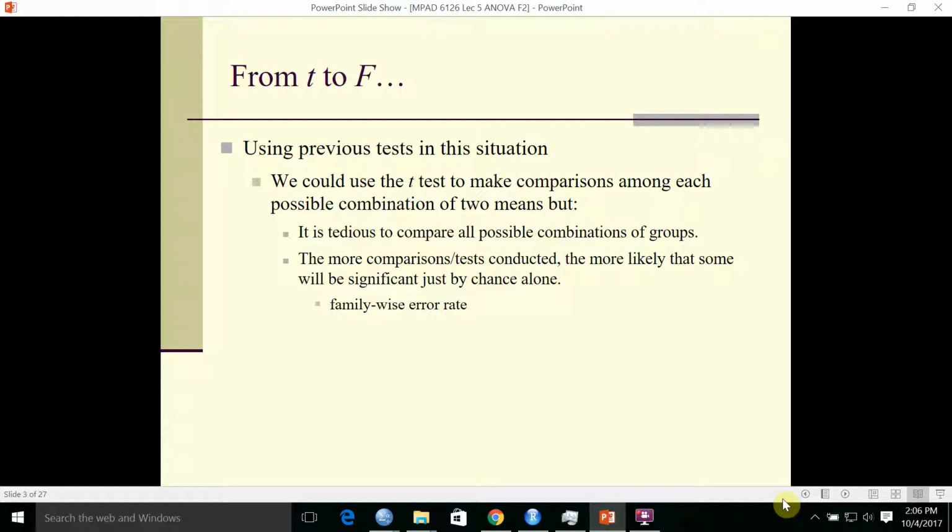So it is appropriate in these situations to run an analysis of variance and see if you have any sort of difference first, and then we'll talk about how to test the differences between the different groups among the multiple groups that you have.